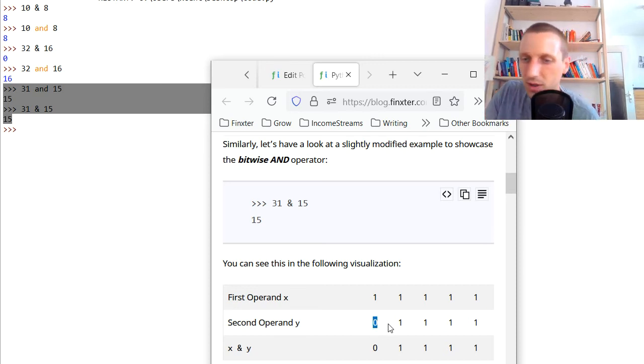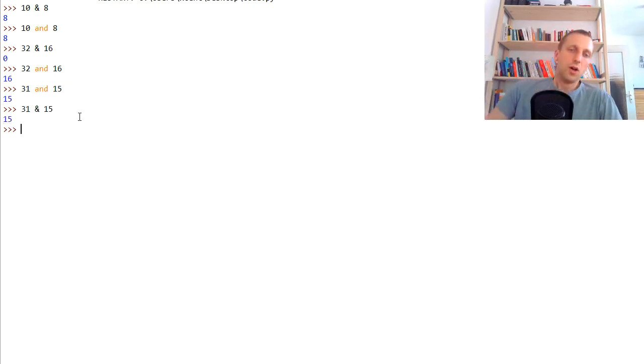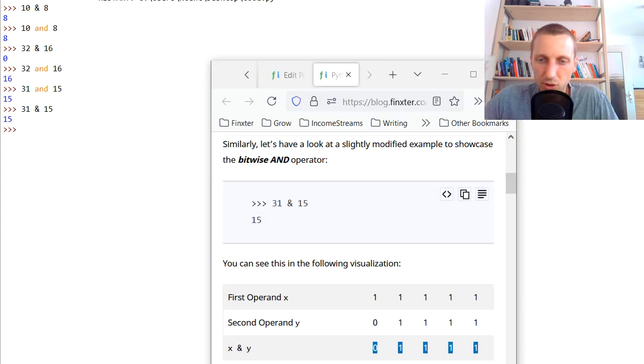And the second operand is 15, which is everything from the above example except the 16 position. So we combine them with the bitwise AND operation, and we obtain the value 15 again, right? Because only for those positions are both operands actually 1. So that's how the bitwise AND operation works in its most basic case.